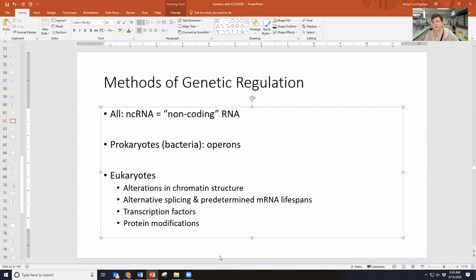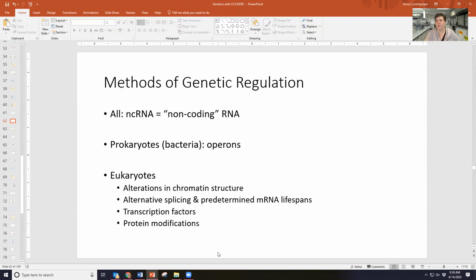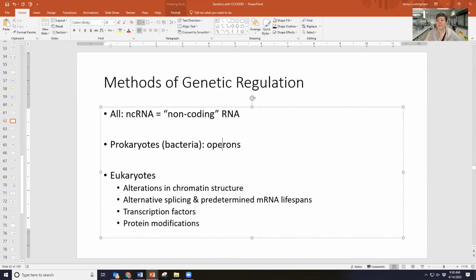So all organisms that we know about utilize non-coding RNA for gene regulation, whereas operons are only present in prokaryotes. And to our knowledge, these other methods of gene regulation are primarily present in eukaryotes, so they're more restricted. But non-coding RNA are in both prokaryotes and eukaryotes.